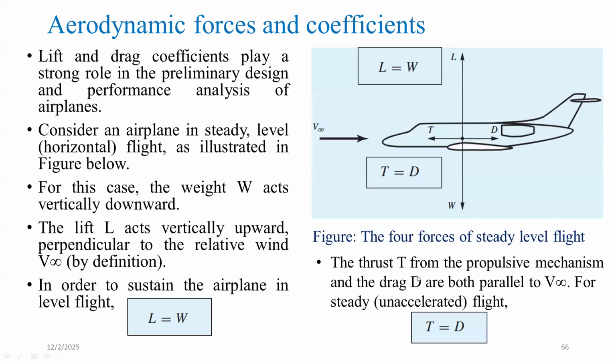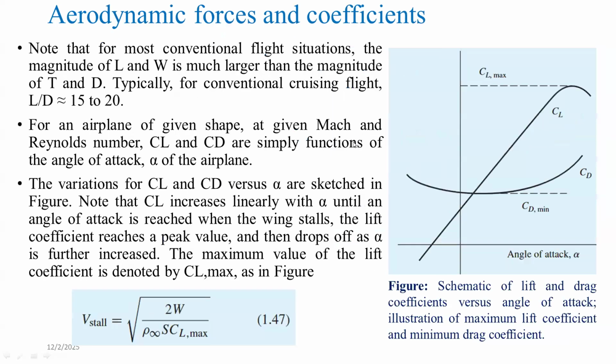The thrust force, which the propulsive mechanism provides, and the drag are both parallel to V, and for constant velocity, thrust equals drag is the condition. So the stall velocity: as I told you, CL max corresponds to the stall velocity in the CL versus alpha graph.